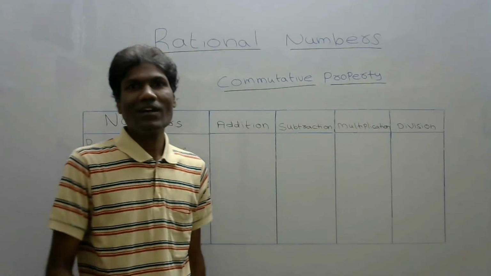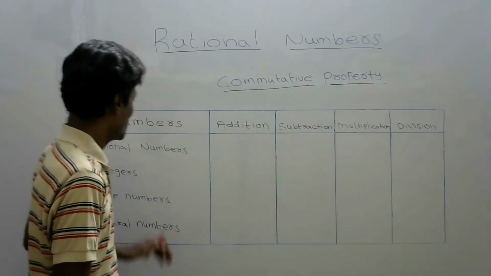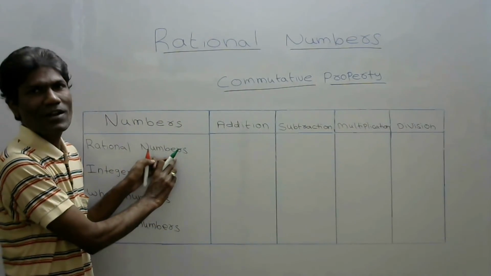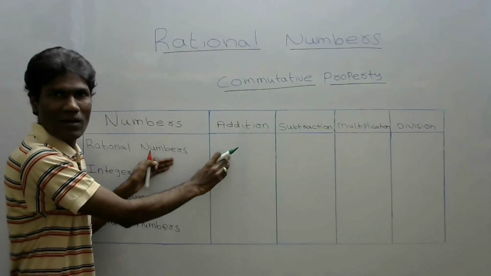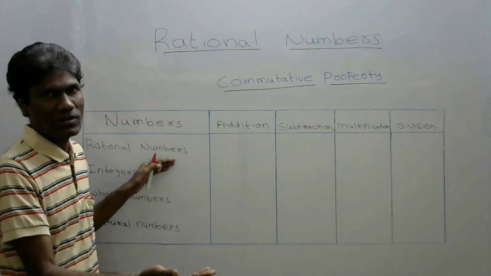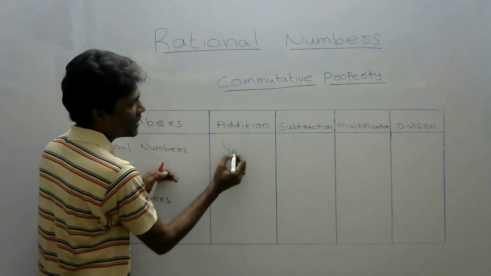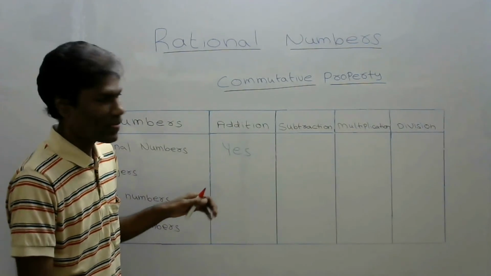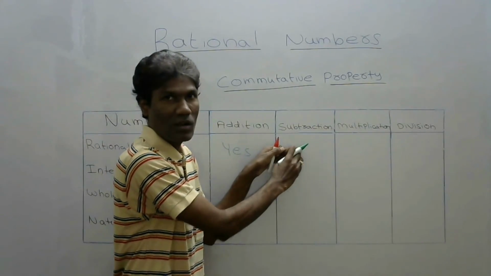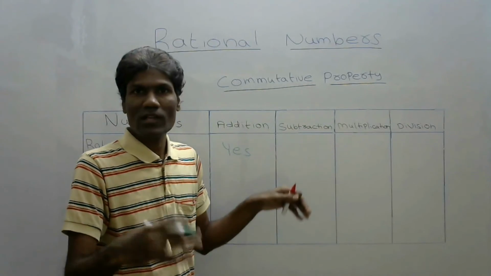We have learned commutative property. Now, let us summarize. With respect to rational numbers, addition, is it commutative? Yes, like 2 plus 3 equal to 3 plus 2. So, with respect to addition, it is commutative. And subtraction, no. Like, if we take 2 and 3, 2 minus 3 is not equal to 3 minus 2.